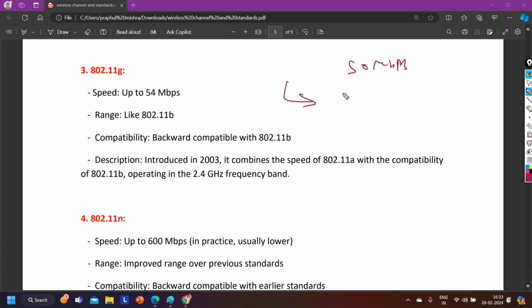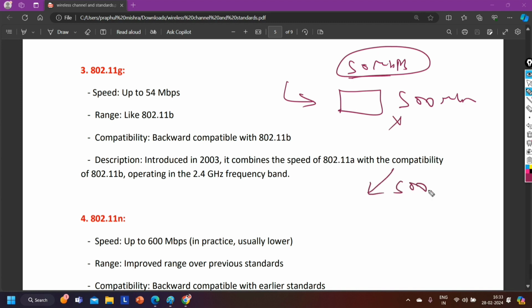If you purchase a router from the market that provides 500 Mbps speed, is there any logic to purchase it? No. And likewise, if I have 500 Mbps connectivity from the internet and I purchase an AP that provides a speed up to, let's say, 50 Mbps, again there is no logic to purchase this device.